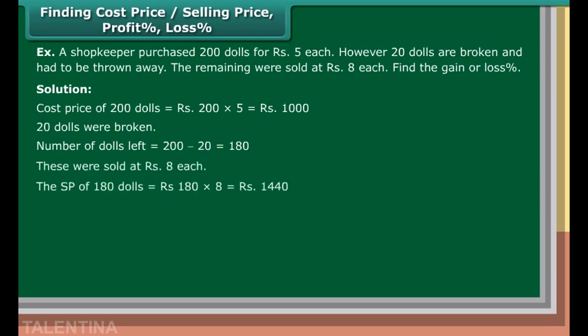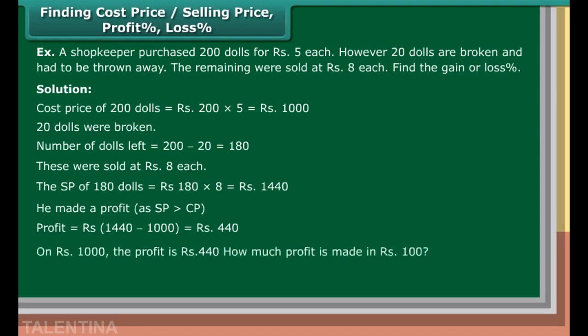The SP of 180 dolls is equal to rupees 180 into 8, which equals rupees 1440. He made a profit as SP is greater than CP. Profit is equal to rupees 1440 minus 1000, which is equal to rupees 440.